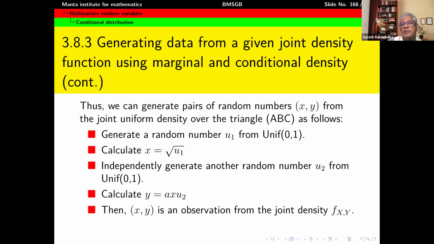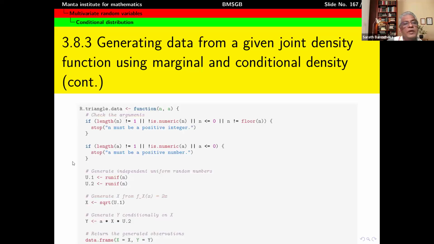What we need is the conditional density of Y given X equal to a simple X, the conditional CDF, right? And that will be required to get the data from that conditional CDF. Once you have those two, then the pair can be considered as coming from the joint density function.